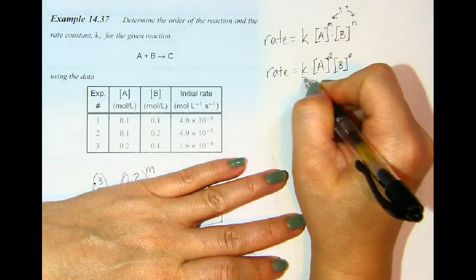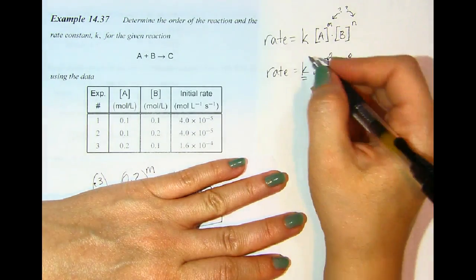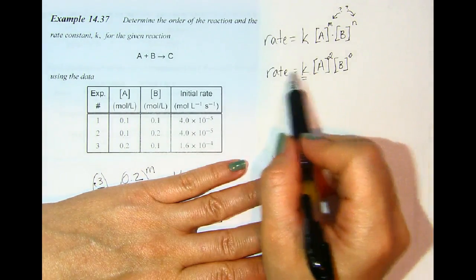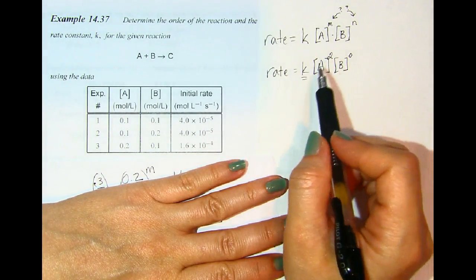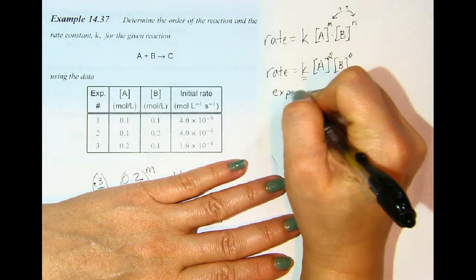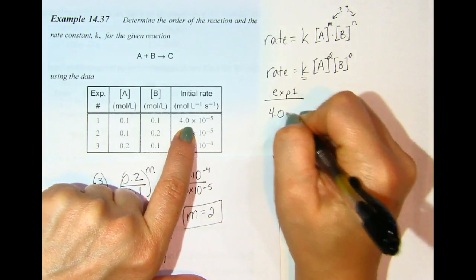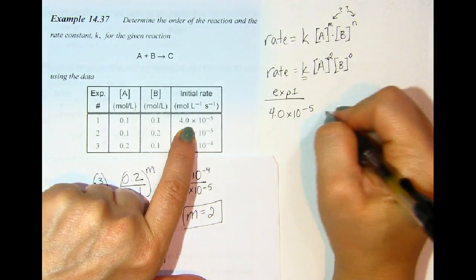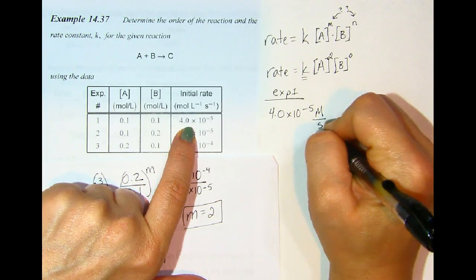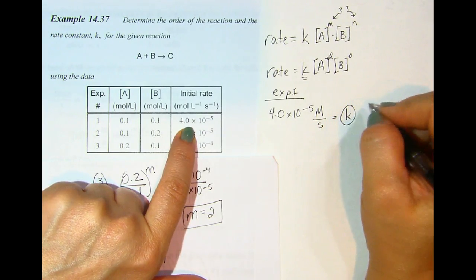Now the question is, what is the value of K? And so what we'll do is substitute the values from one of the experiments into this equation and then solve it for K. So I'm just going to choose experiment 1, where the rate is 4.0 times 10 to the negative 5. And remember that the rate is in molarity per second, equals, I do not know what K is.